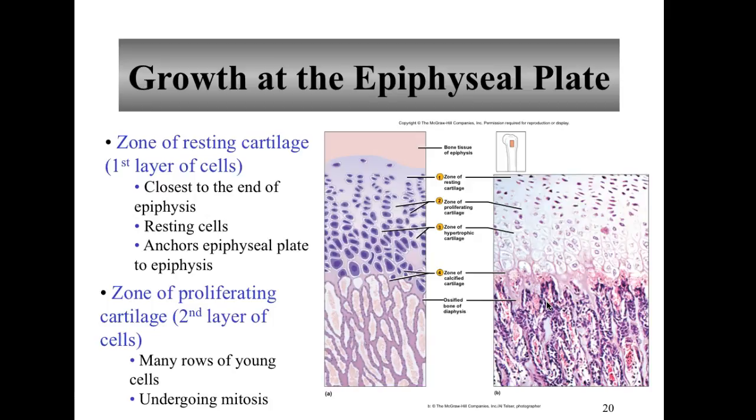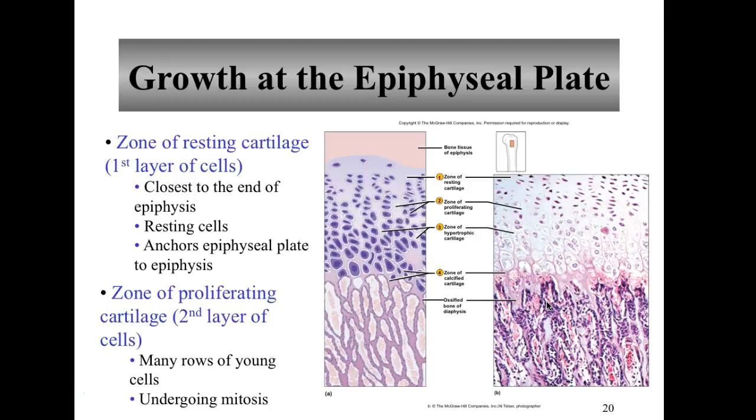So during infancy and childhood, long bones lengthen entirely by growth at the epiphyseal plate. This is what we refer to as longitudinal growth. And basically, the bones grow in thickness by a process called appositional growth.